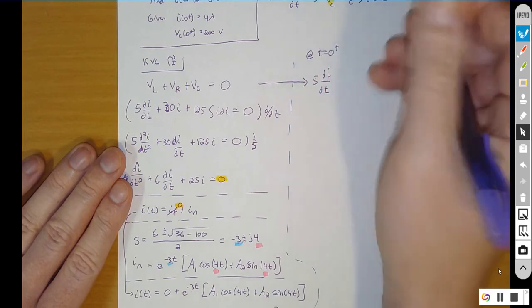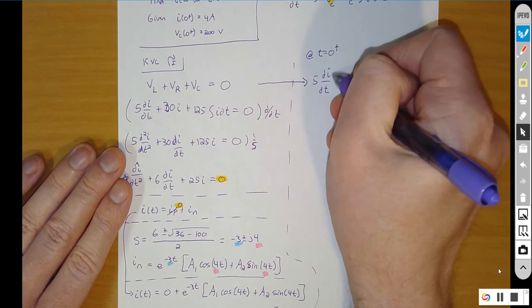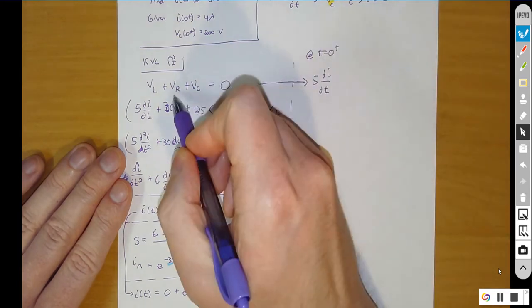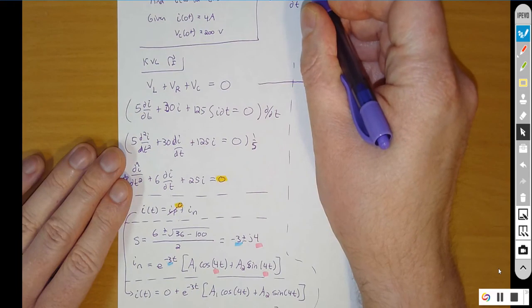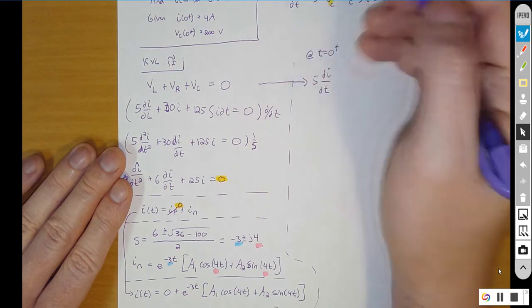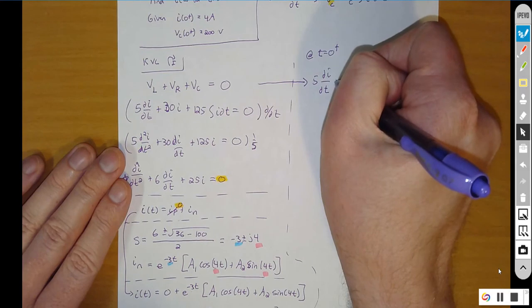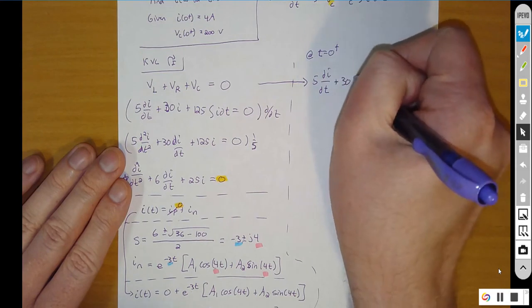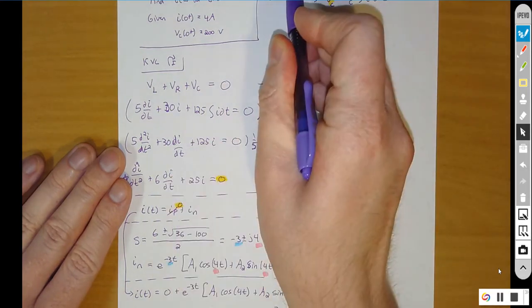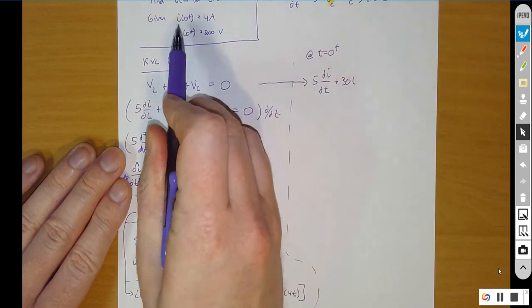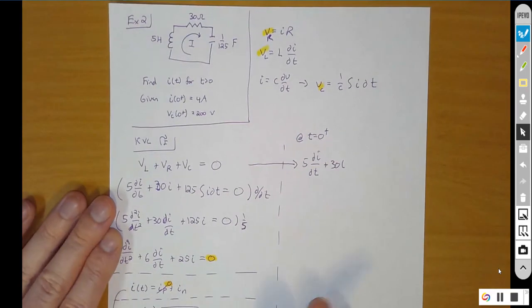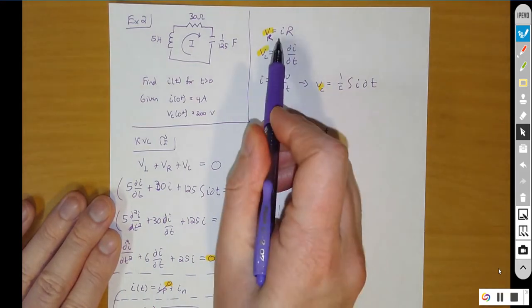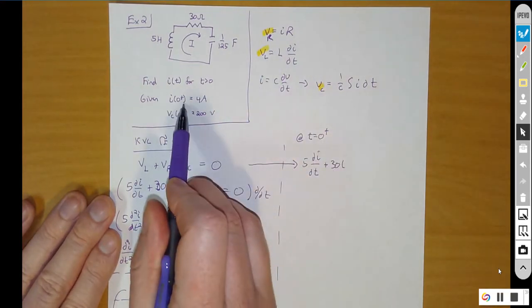The voltage across the resistor is just i times R, so that is 30 times the current at 0 plus. Sorry, you can't see what I'm pointing to. I of 0 plus is right here, so I just plug in 4.